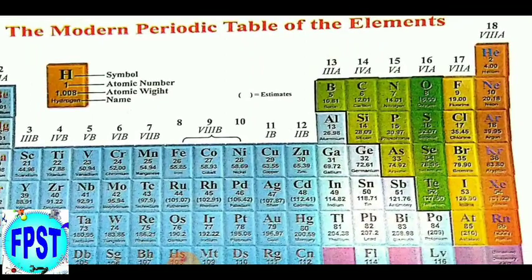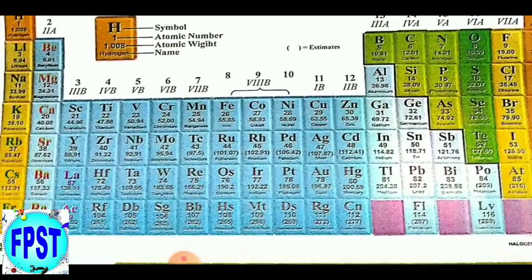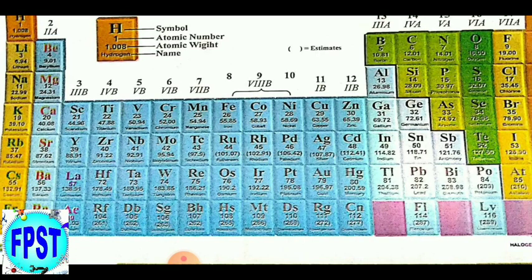The differentiating electron in the 13th to 18th groups enters into the p orbital, so they are called the p block elements. From 3rd to 12th, the differentiating electron enters into the d orbital, so they are called the d block elements.